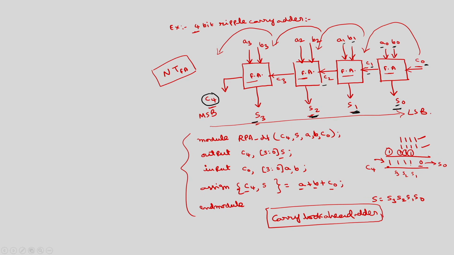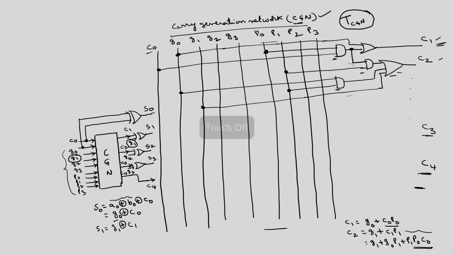Okay. So, here also you have generated this in 3 steps. So, you have generated S0, S1, S2, S3 and then C4 is the final output. And the third step is generation of all the sum bits.